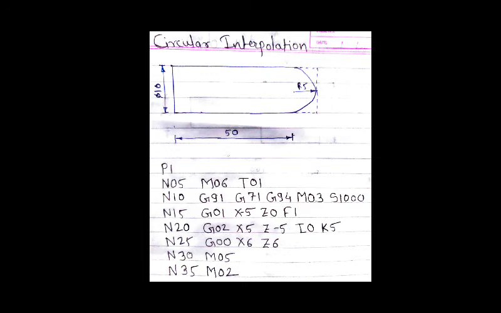Now let me tell you that in any part programming there are three major parts. Initially is program setup, second is chip removal, third is system shutdown. The same thing we have followed over here. We set the program with M06, T01, G91, G71, G94.